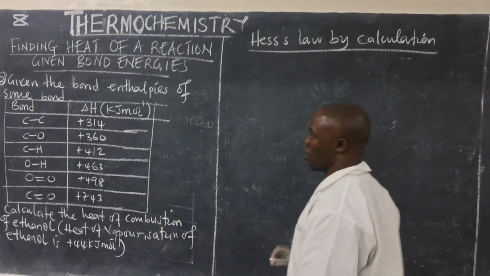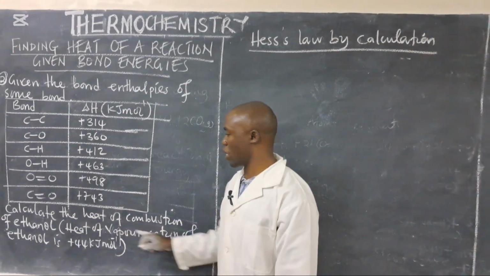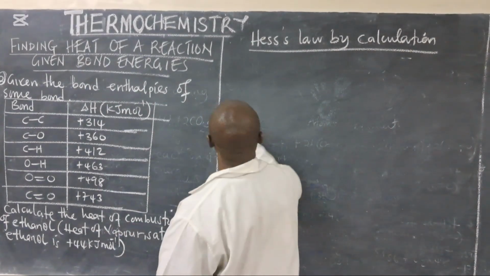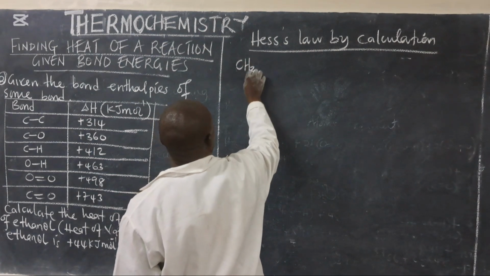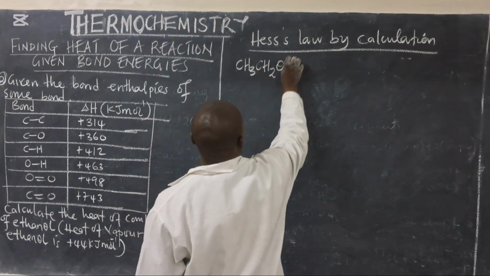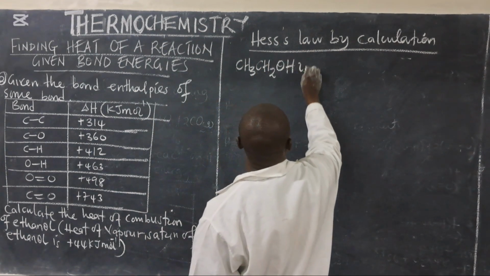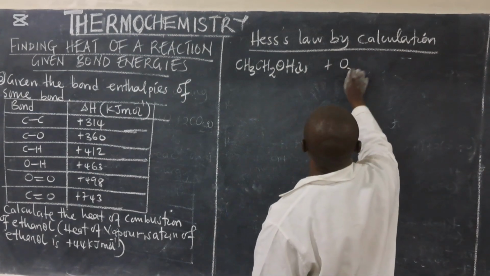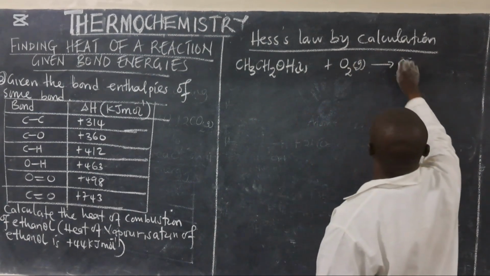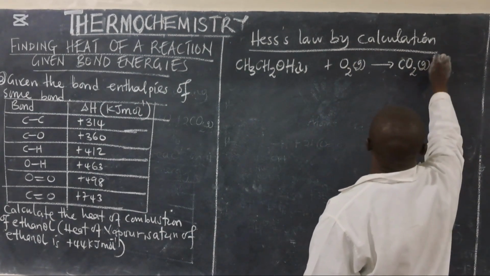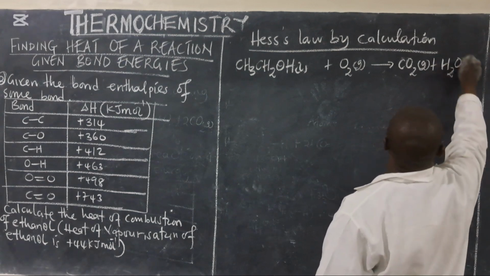We are first going to write our equation for the combustion of ethanol. Ethanol is a liquid, burns to give us carbon dioxide and water.